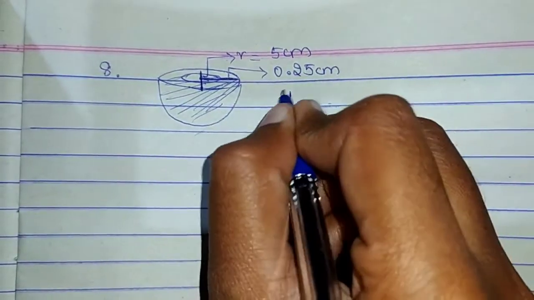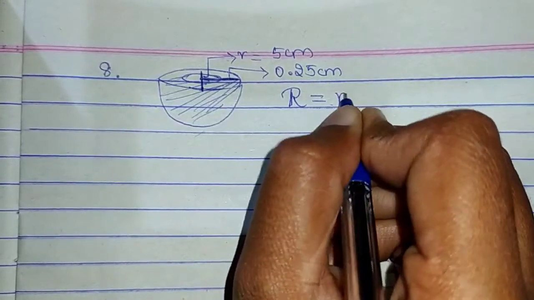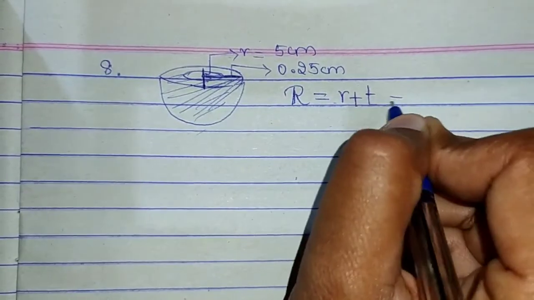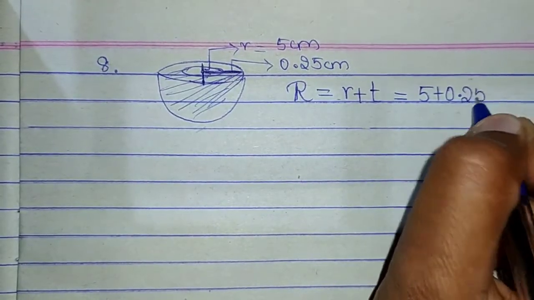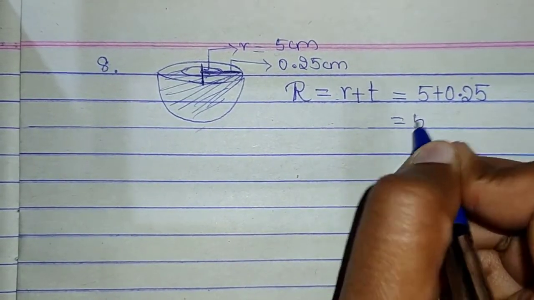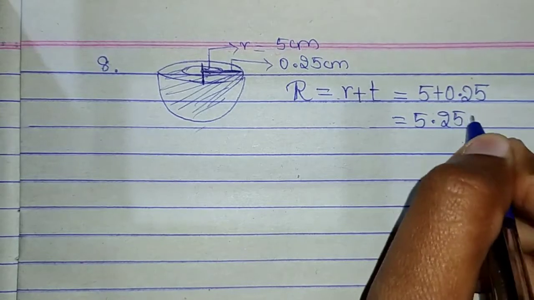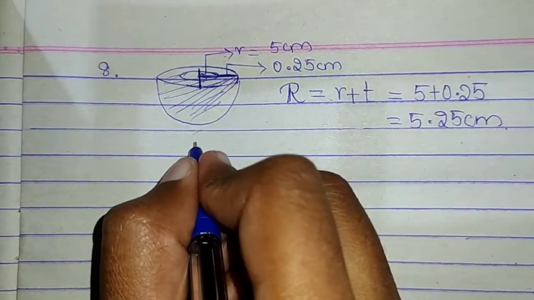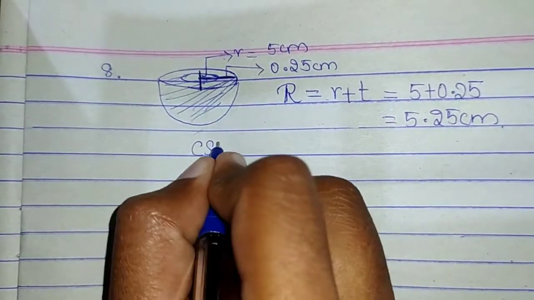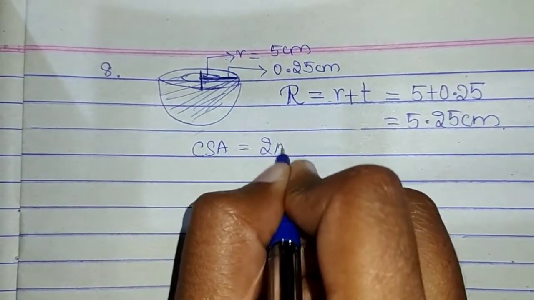So the total radius, or the capital R, is equal to inner radius plus the thickness, which is equal to 5 plus 0.25, which is equal to 5.25 centimeter.